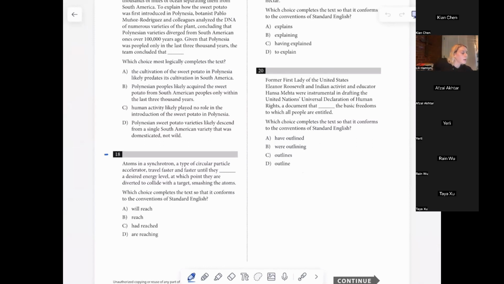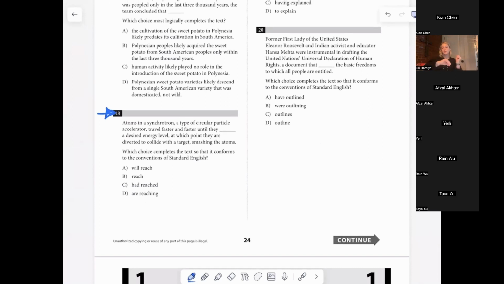So starting at number 18 on page 24, and then going up until questions 18 to 27. I'll put this in the chat. So it's SAT 3, Module 2, questions 18. And that's standard English, because that's grammar.